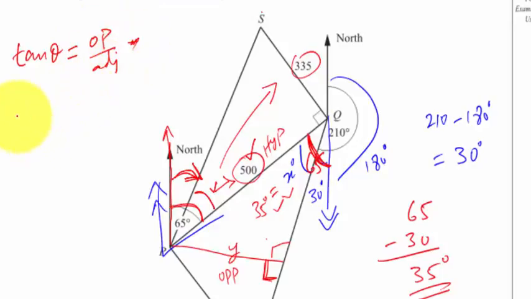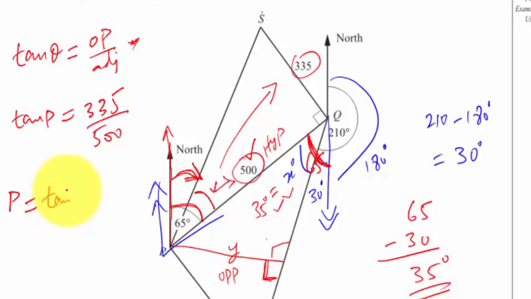Okay, tan P equals opposite, our 335, divided by adjacent, our 500. Angle P would be the tan inverse of 335 over 500.